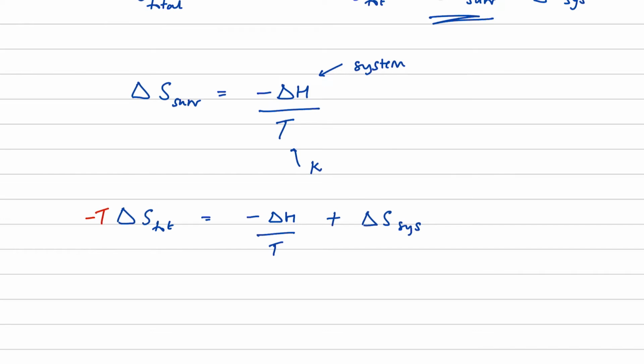So, multiply by minus T on the left-hand side. If I do the same on the right-hand side, times minus T, they're going to cancel out. And if I multiply this component here by minus T, we are going to have minus T delta S system.